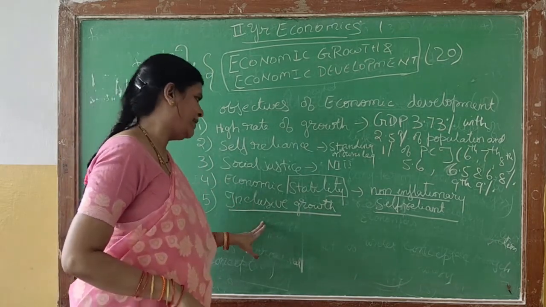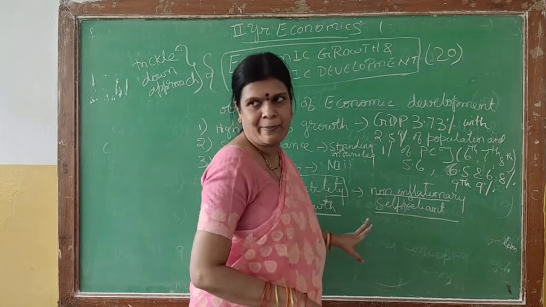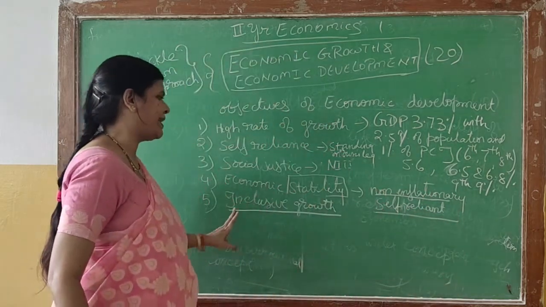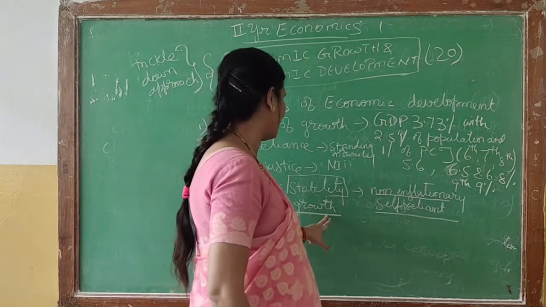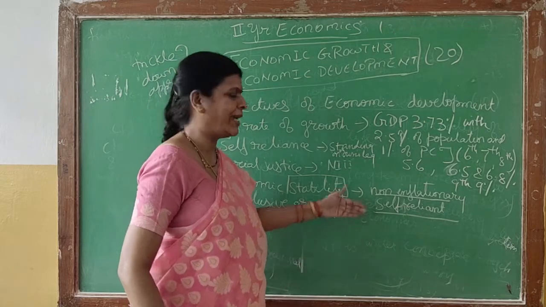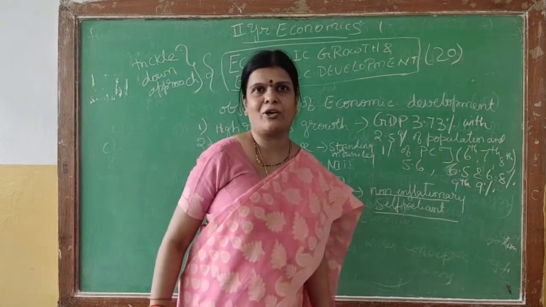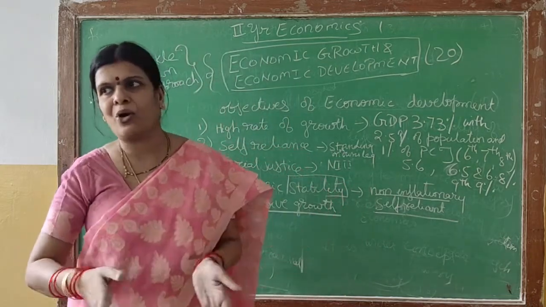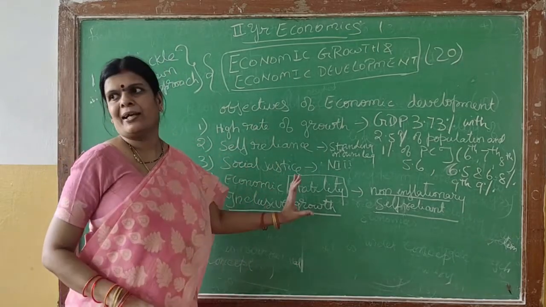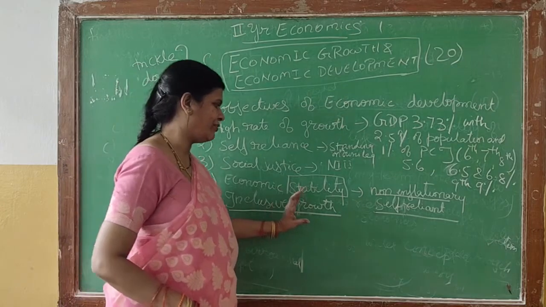There should be an increase in employment, income, and health conditions. So growth should take care of everything, thereby increasing the standard of living, even though there is an increase in population. That is called inclusive growth.